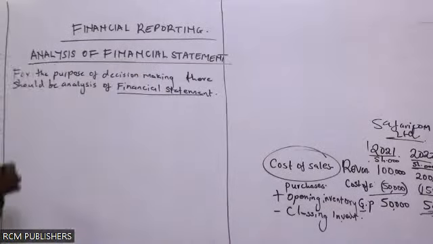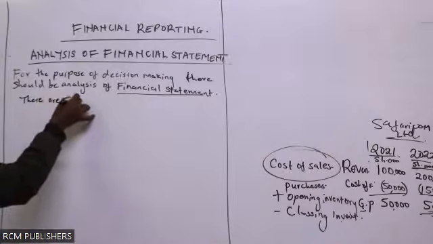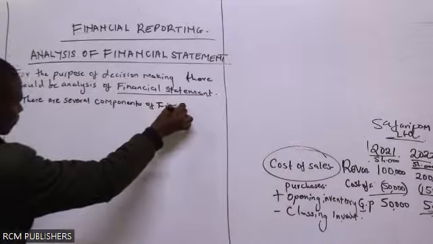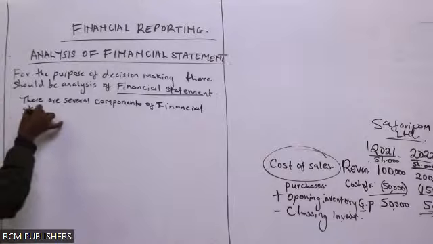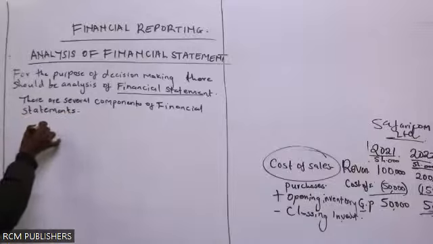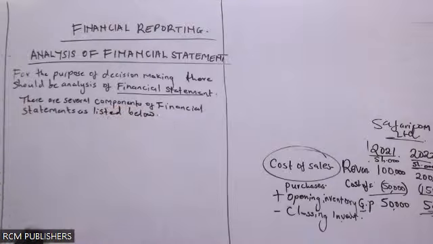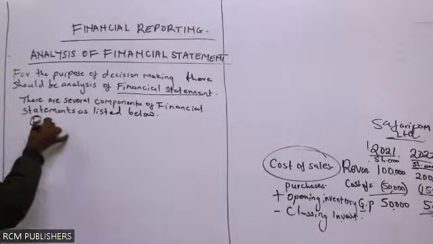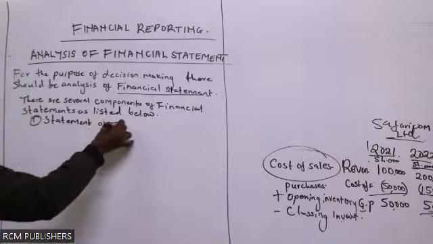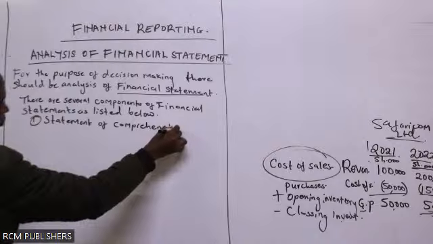Okay, we proceed and say there are several components of financial statements as listed below. One, statement of comprehensive income.